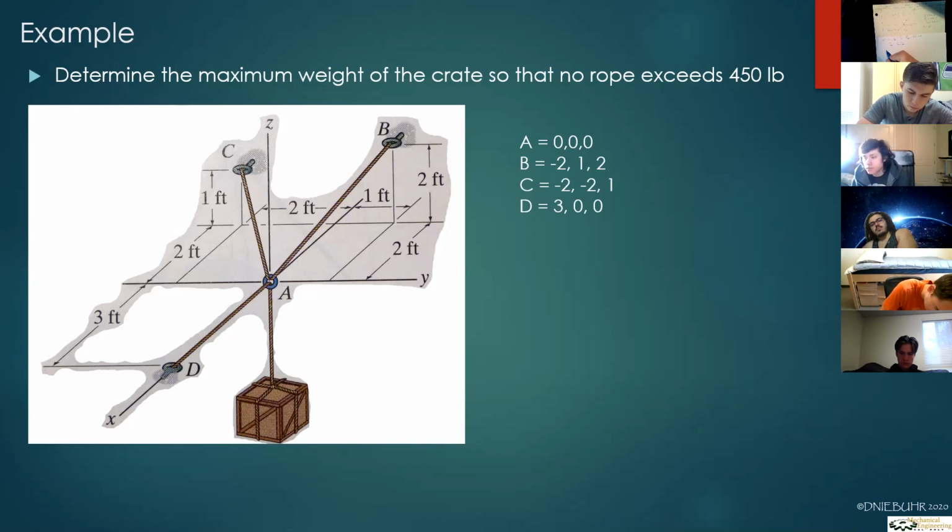We know that r_BA, the distance between them, is just equal to r_B minus r_A. Actually those are points, so it's my vector. And if we do that, we know that r_BA is just equal to minus 2i plus j plus 2k. All right.